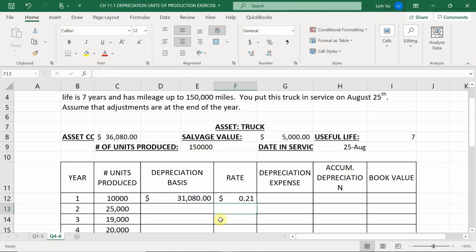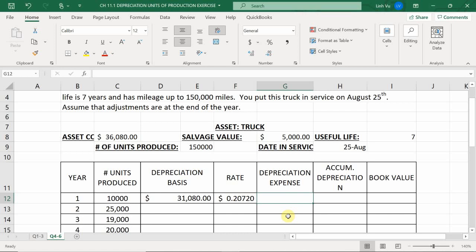I have to round my answers because this one is an unrounded number, so I need to use ROUND to solve for my depreciation expense.